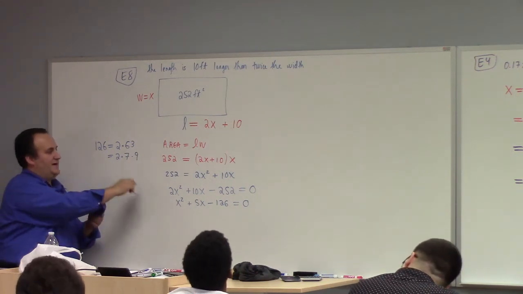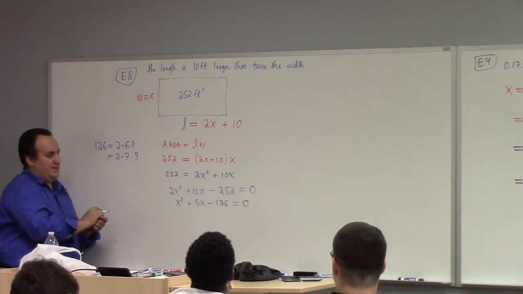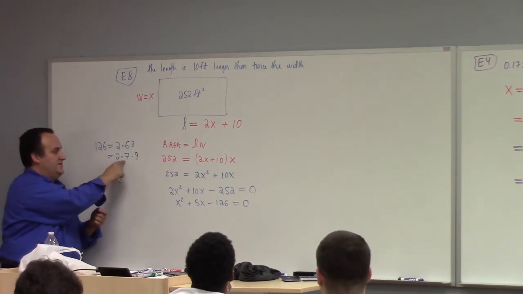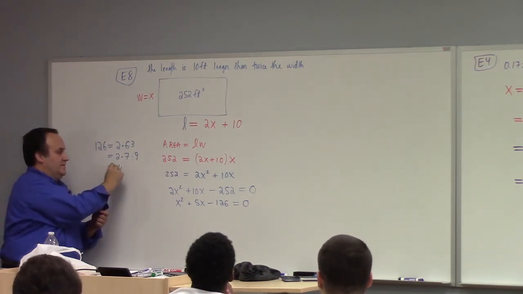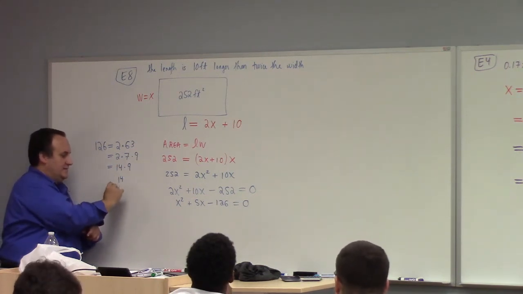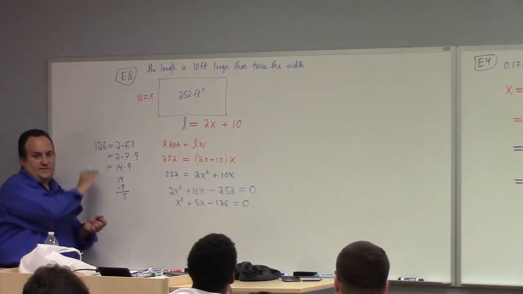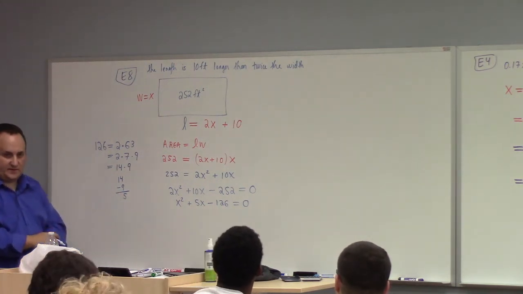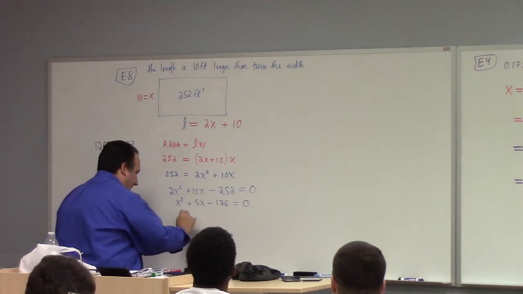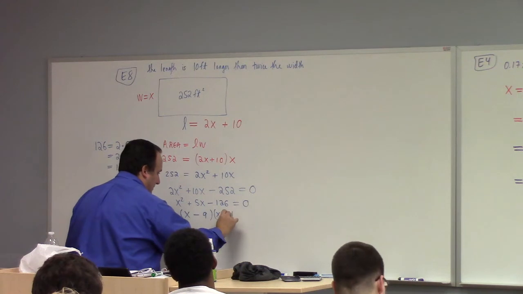So how can I get a 5 from these numbers? How about, you say 2 times 7 can be 14, right? 14 times 9. Well, 14 minus 9, that's 5, right? So this suggests we can factor this. x minus 9 times x plus 14.